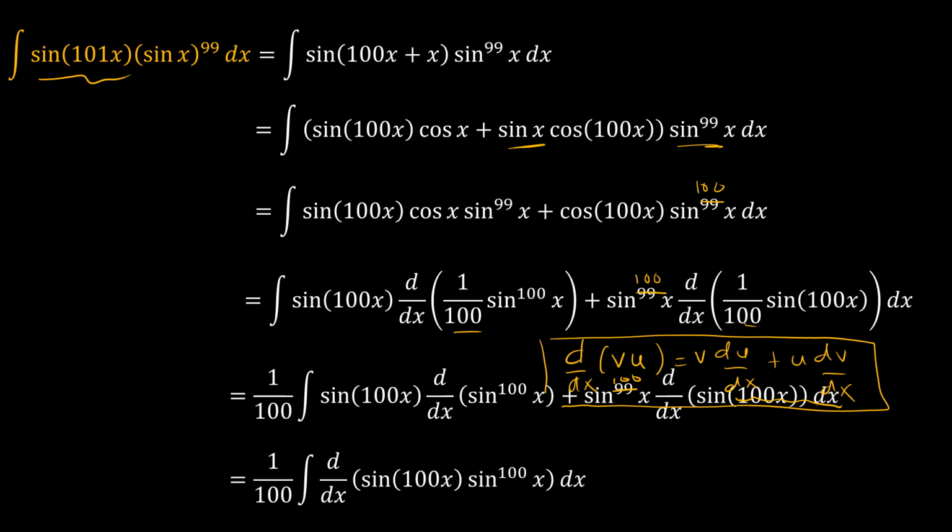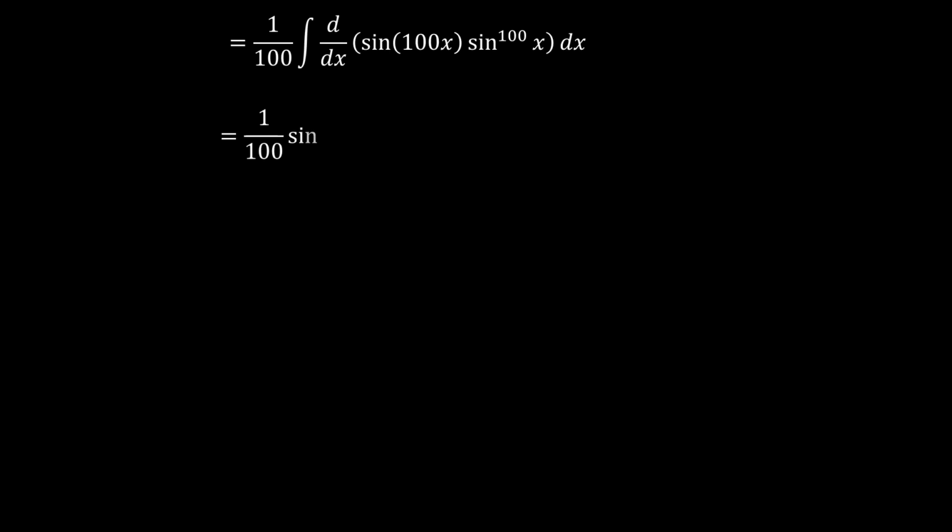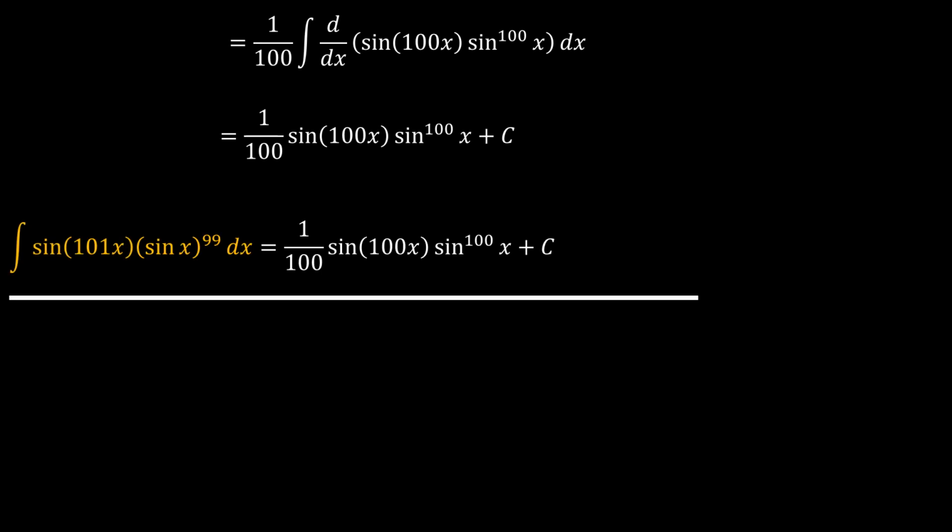And since the integral sign is an antiderivative, whatever the differentiation sign creates is destroyed by the integral sign. So this function remains immutable, obviously with an integration constant. So this becomes 1 over 100 times sine 100x times sine to the power 100x, plus an integration constant. And that is the answer that was required of us, as simple as that.